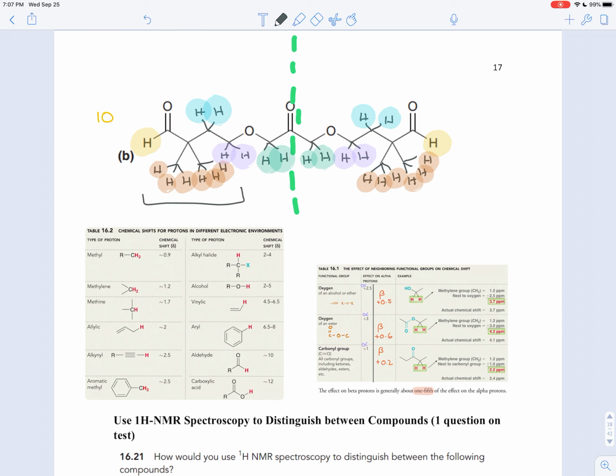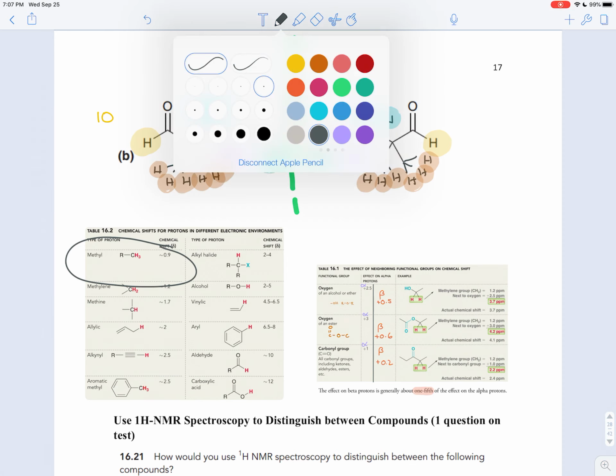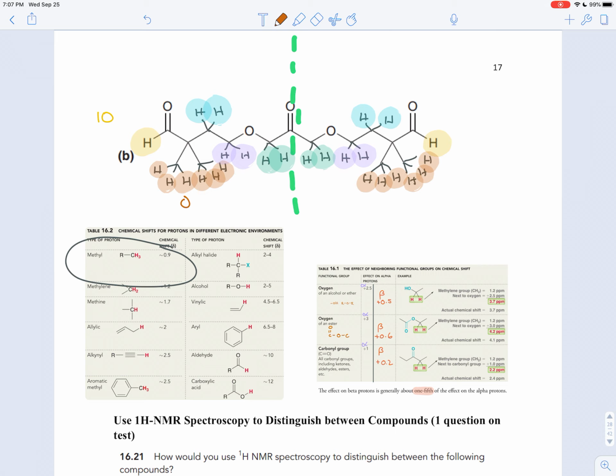Okay, so here we have CH3s. CH3s are expected to appear at around 0.9. So these would appear, you think, at around 0.9. For the next ones, these blue ones, that's a CH2. And in general, you'd expect a CH2 to appear at 1.2. Just always watch out, make sure it's not allylic.